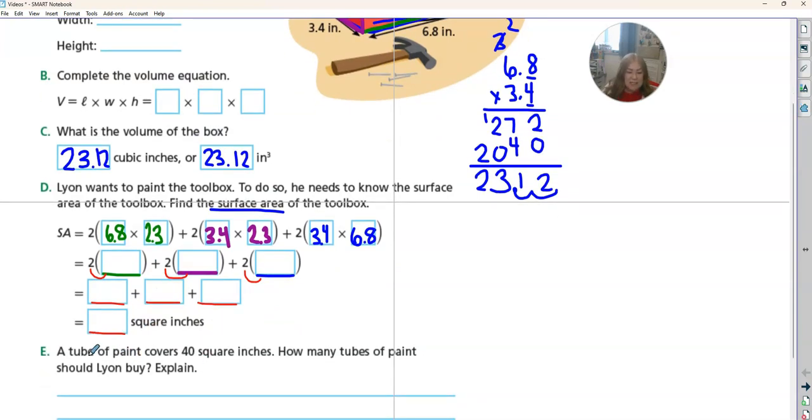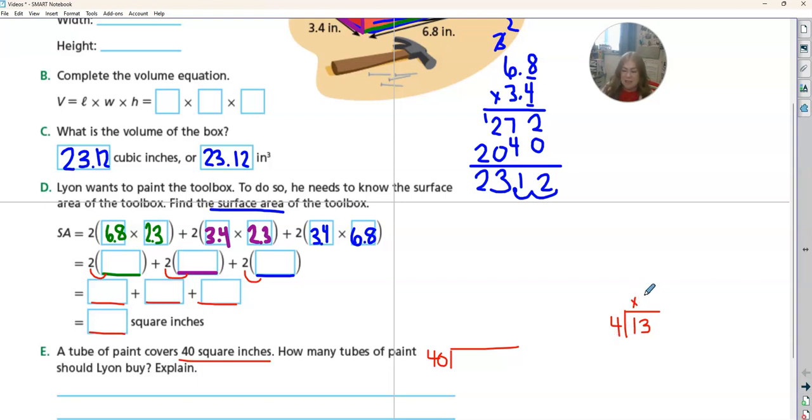Now E says that a tube of paint covers 40 square inches. So it wants to know how many tubes of paint we should buy. So we're going to take our total square inches and we're going to divide that by 40. Now we need to think of how many they need to buy, because if we have a remainder, so let's just say that our surface area was 13 and we wanted to divide by 4.